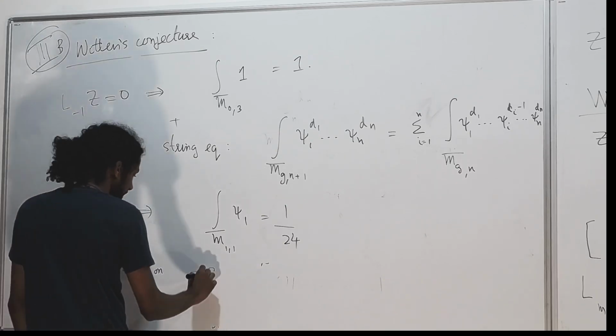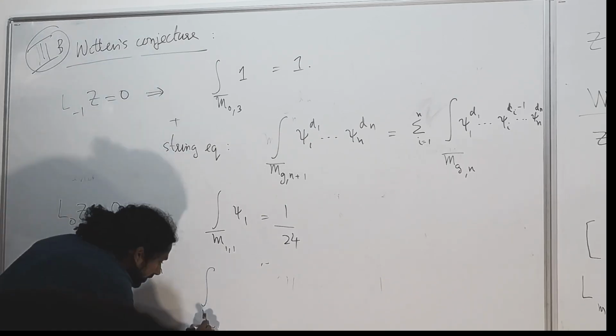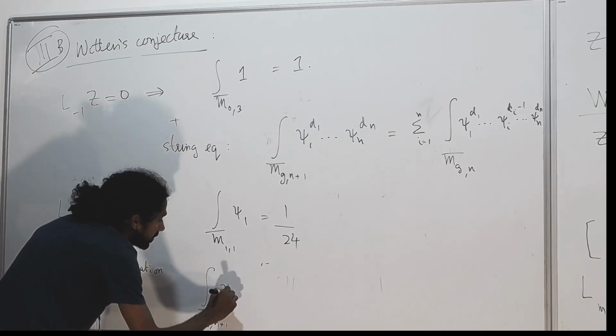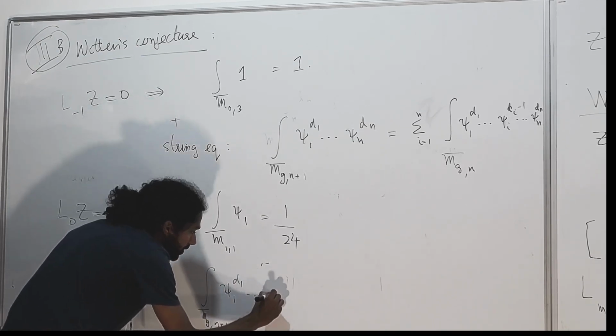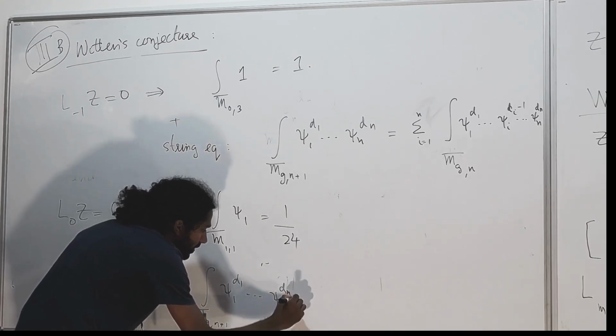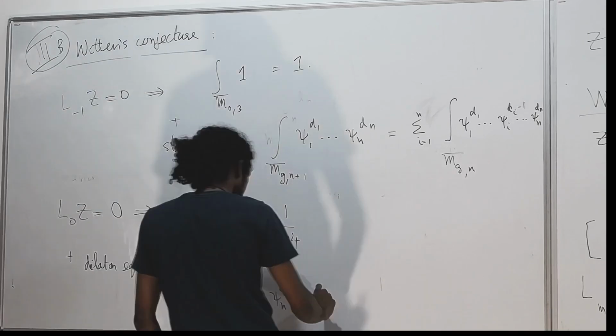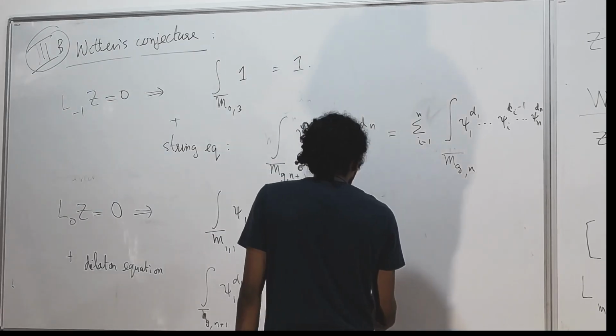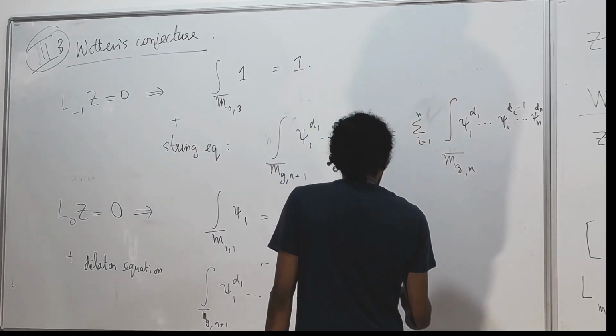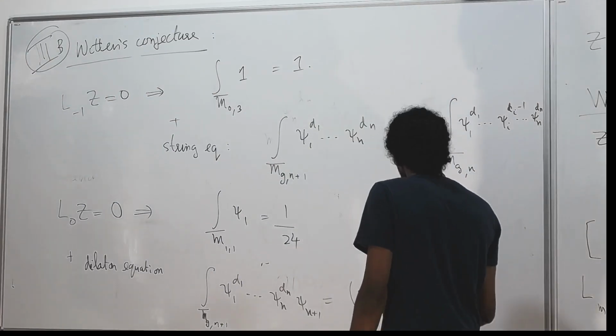And this one says that the integral over M_{g,n+1}-bar of psi_1^{d_1} through psi_n^{d_n}, if I just have one psi_{n+1} class, is 2g minus 2 plus n times the integral over M_{g,n}-bar. And you can remove that psi class.